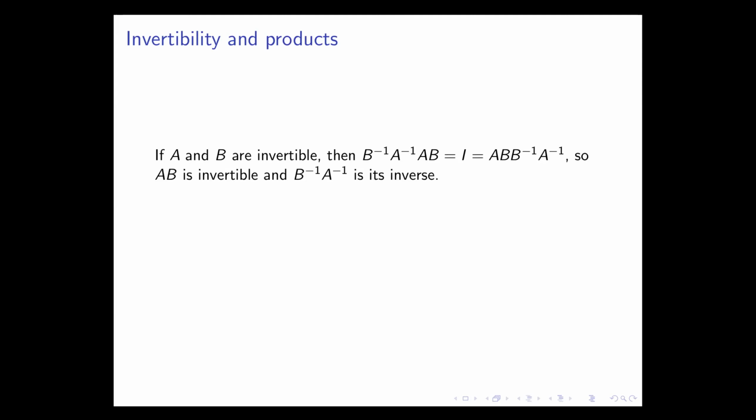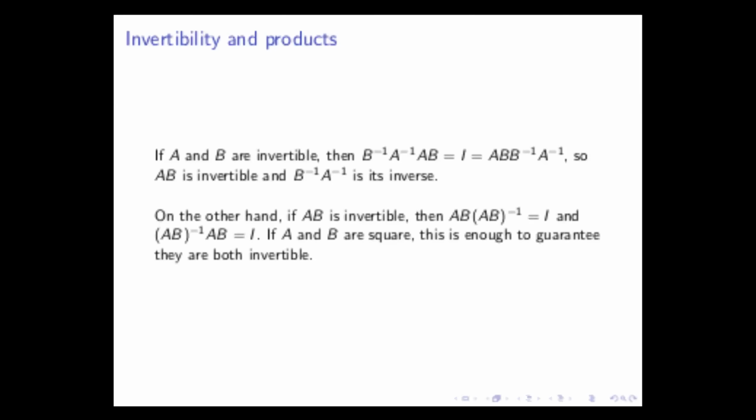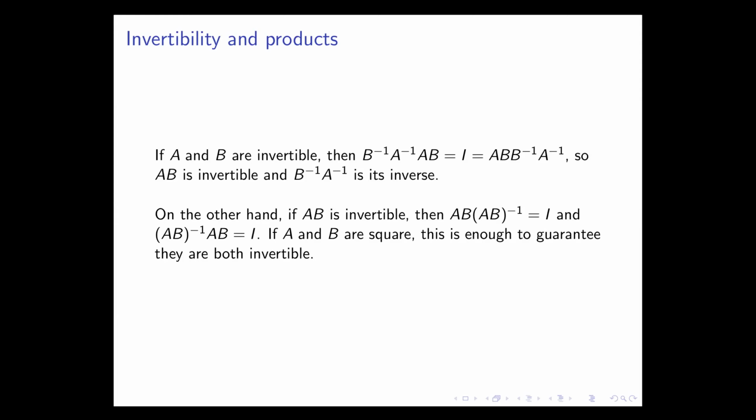So AB is invertible and B inverse A inverse is its inverse. So for square matrices, it's enough to guarantee that they're both invertible.